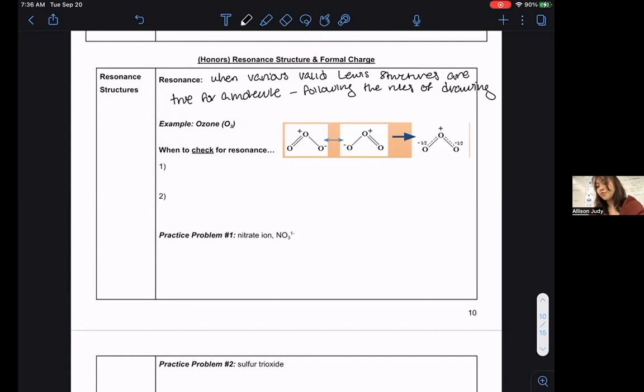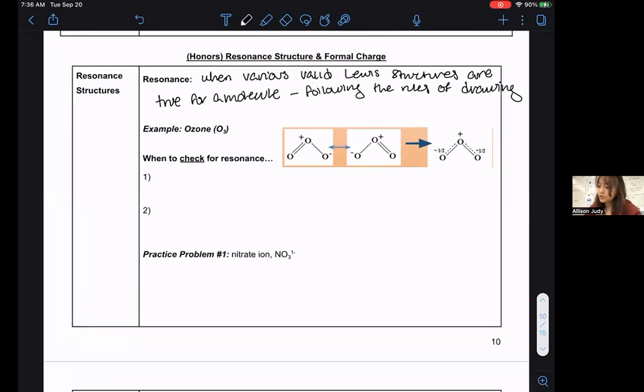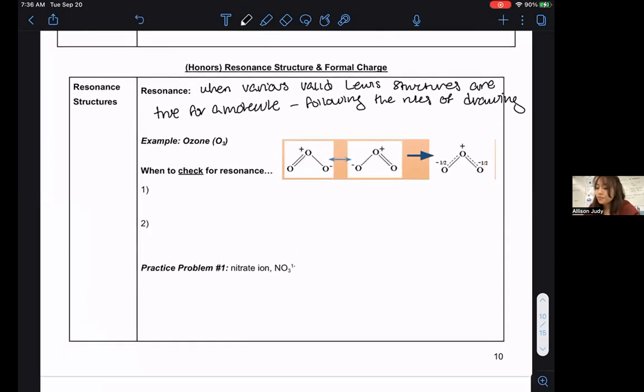So for example, let's look at ozone. Ozone is O3, okay? What we say is that ozone has 3 oxygens, and theoretically these terminal oxygens are what we call equivalent. They're the same element. They have the same level of reactivity. The question is, are they on the right or the left?